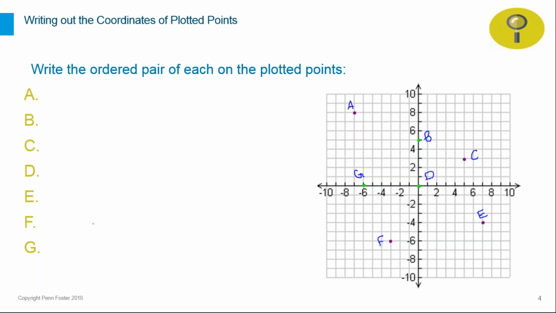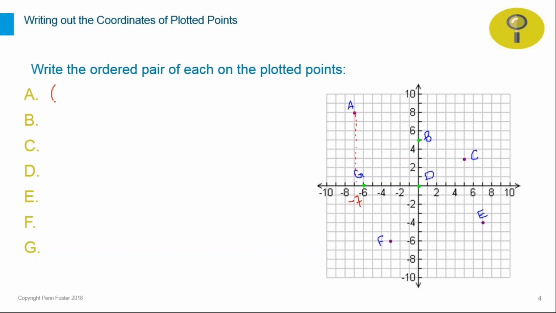For point A then, we need to determine the x and the y coordinates. To do this, we need to see where the point A meets with the x-axis. Since there is a -6, there is a -8, the one in between would be a -7.